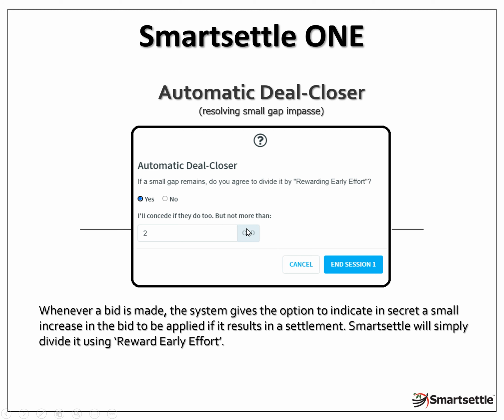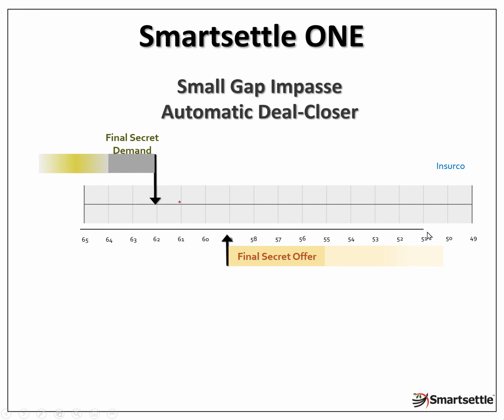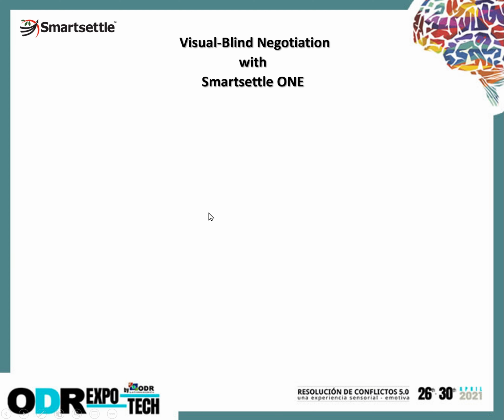Only if it doesn't, then that movement doesn't apply. But here, the insurance company has been prepared to indicate a movement of 2. What that effectively means is that this small gap has now been removed with an agreement. In this particular case, which actually had different figures and a different model, again it's settled not at the halfway point.